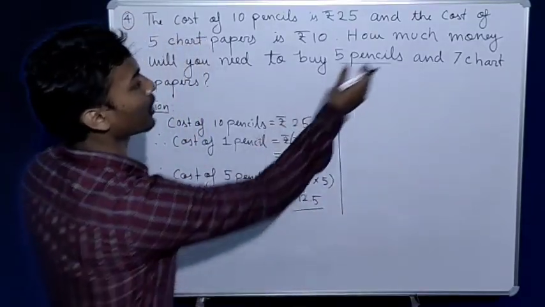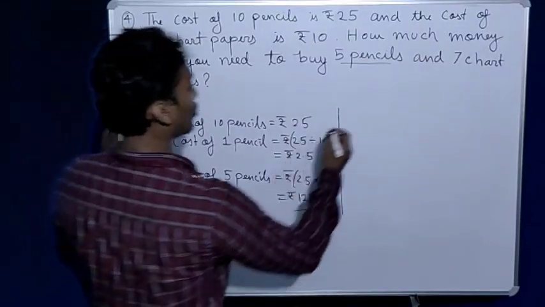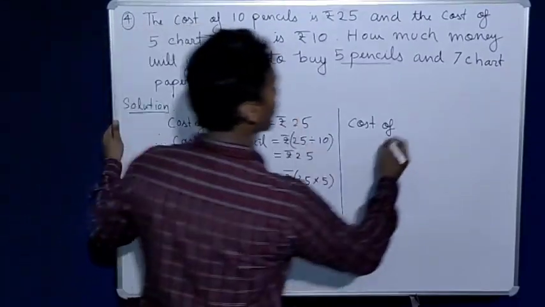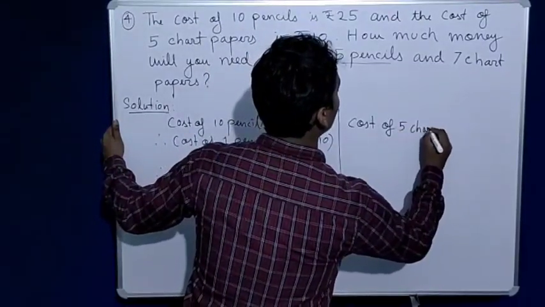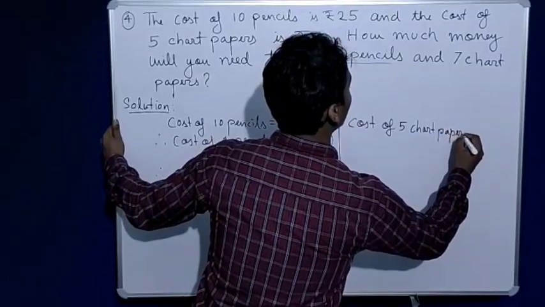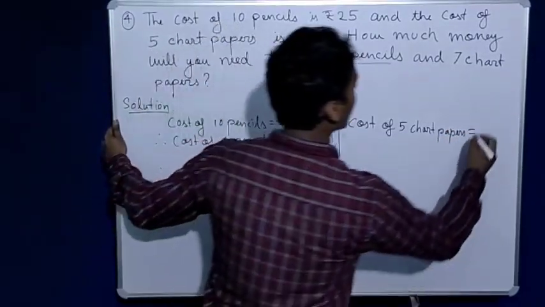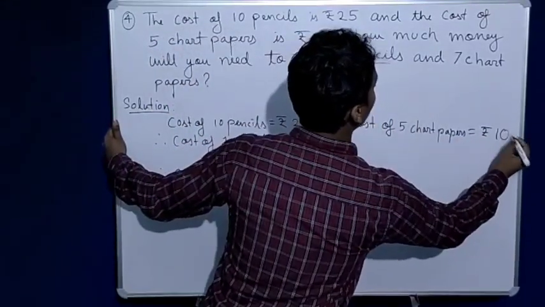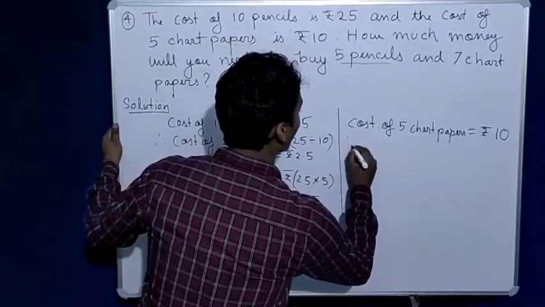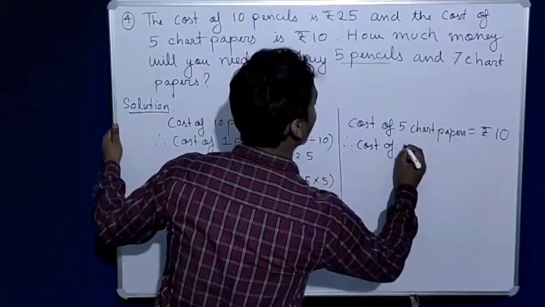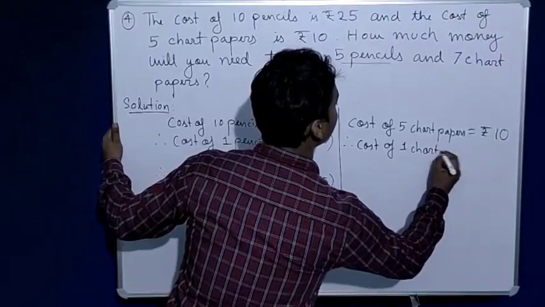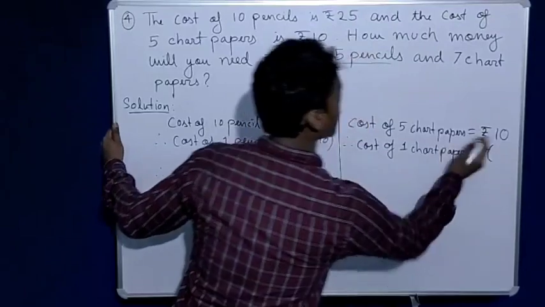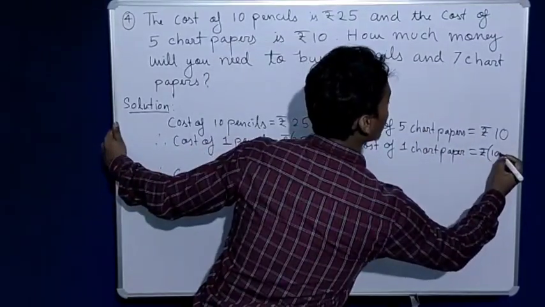Now we can find the cost of 7 chart papers. Given the cost of 5 chart papers is rupees 10, therefore the cost of 1 chart paper will be equal to rupees 10 divided by 5.